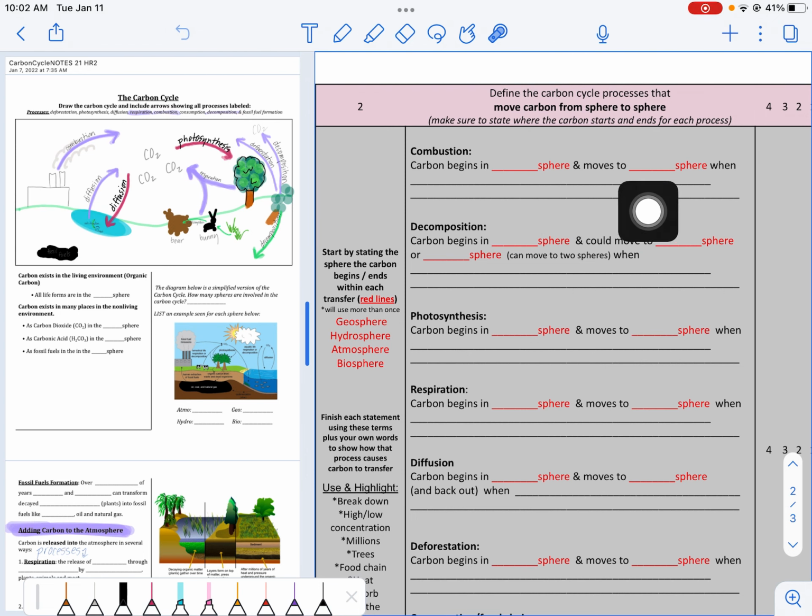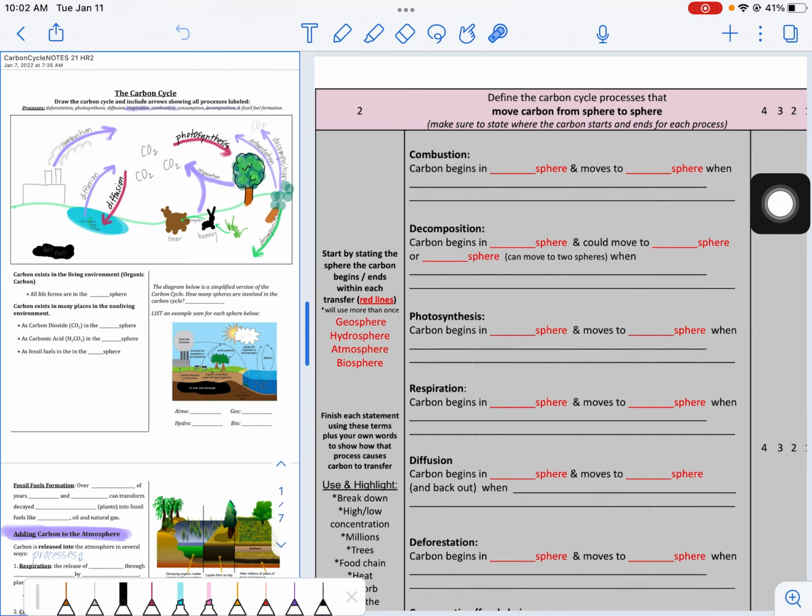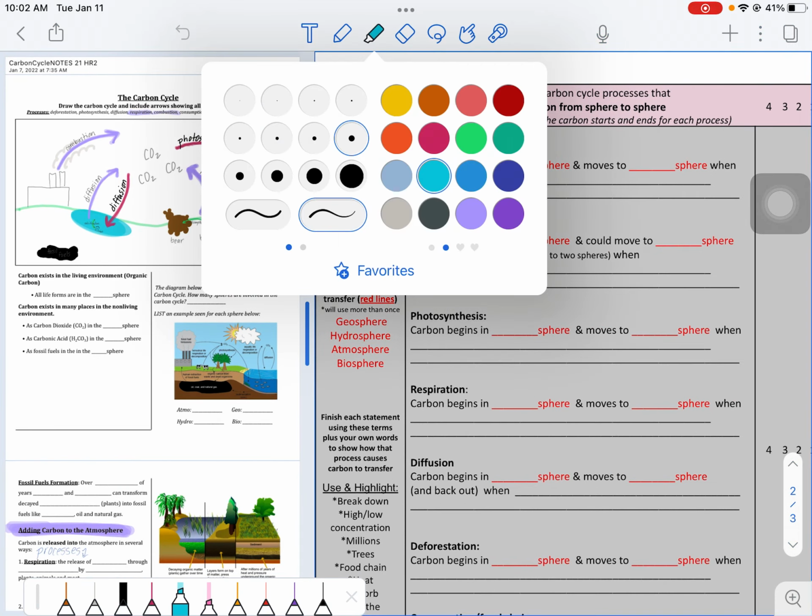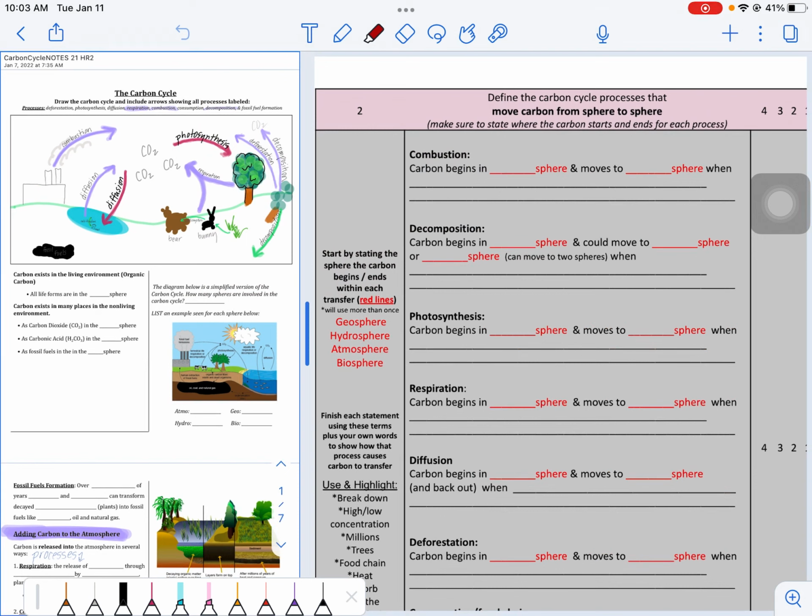So when we think about our 2 spheres, we really want to highlight where the carbon begins, that's the start of our arrow, and where the carbon ends, that's the end of our arrow. So the carbon begins here in our power plant in the fossil fuels.